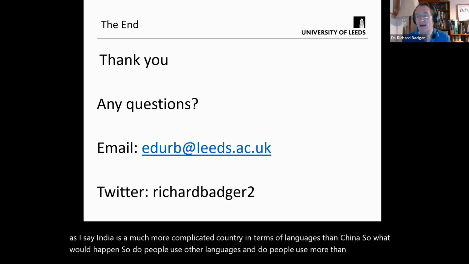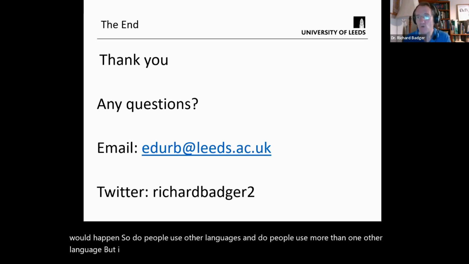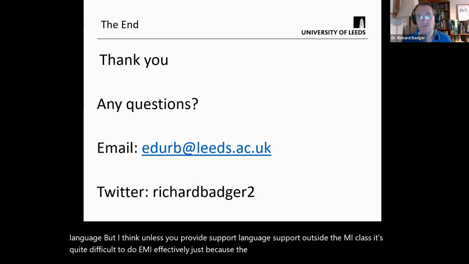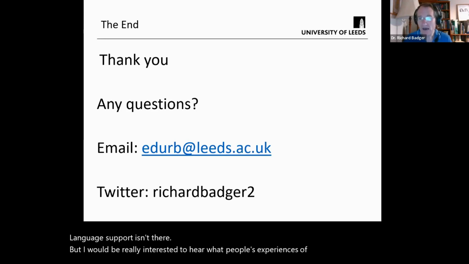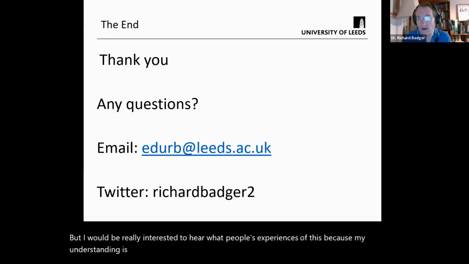But I think unless you provide language support outside the EMI class, it's quite difficult to do EMI effectively, just because the language support isn't there. I would be really interested to hear what people's experiences are of this, because my understanding is EMI and CLIL are quite common in India, and I think probably started here before other places.